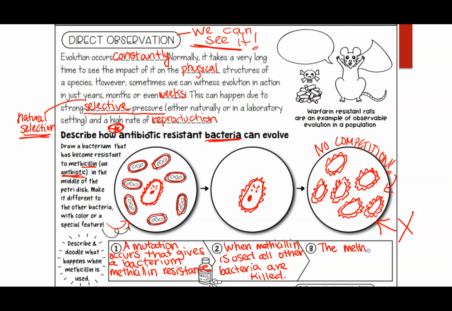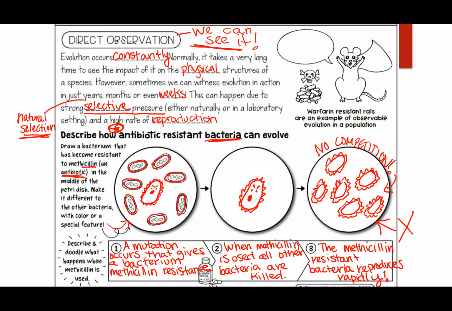The methicillin resistant bacteria reproduces rapidly. Okay? The methicillin-resistant bacteria reproduces rapidly. So that's something that we can actually see.